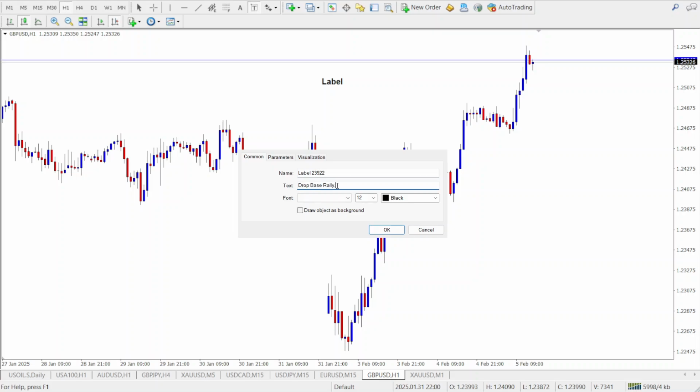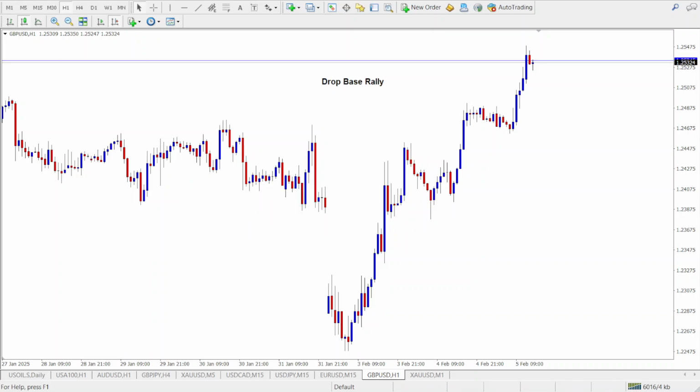The drop base rally is a powerful setup that's all about identifying key moments in the market where price drops, consolidates, and then rallies with momentum. By the end of this video, you'll know exactly how to spot this pattern, how to trade it with confidence, and why it works so effectively in the market.